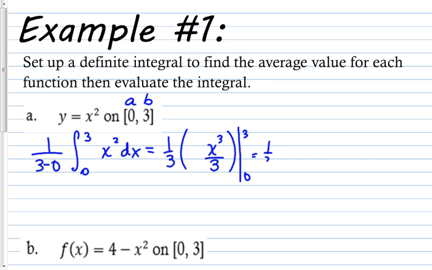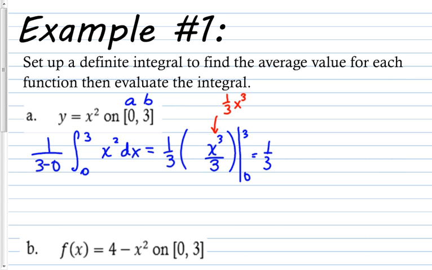So 1/3, don't forget to keep carrying on the 1/3. And actually, in fact, if we want to be nice to ourselves, this right here is 1/3 x cubed. I could pull that out, right? I don't have to write it as x cubed over 3.